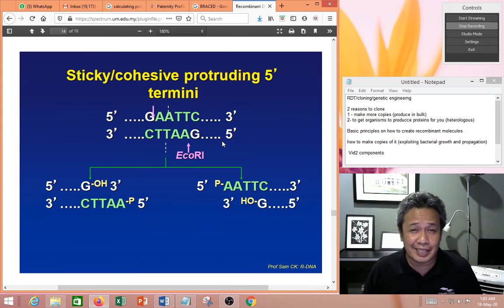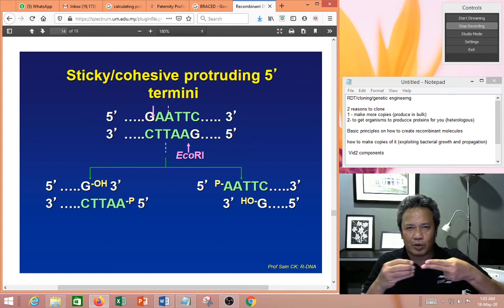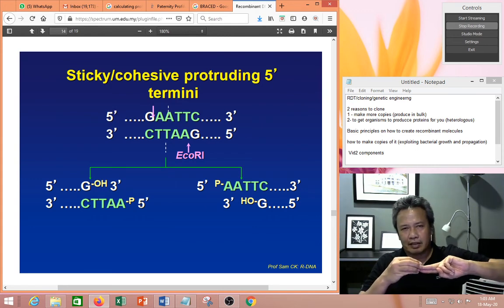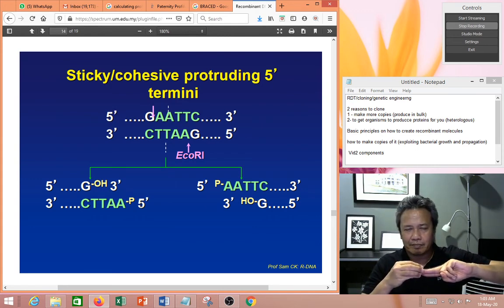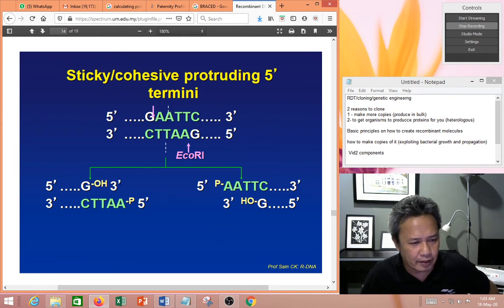When you talk about sticky ends, there are two types. Basically, one where the overhang is on the 5' end, and the other where the overhang is at the 3' end. In this case, EcoR1 gives you a 5' overhang, or sometimes it's called protruding 5' termini.